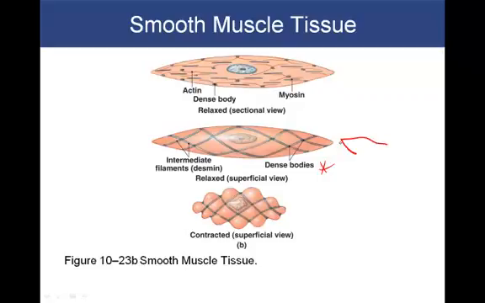This picture looks at the relaxed form. You can see the cell has its normal spindle shape, and when contracted, the actin and myosin interact to shrivel that cell up. It almost looks like a crenated cell, one that has lost a lot of its water.